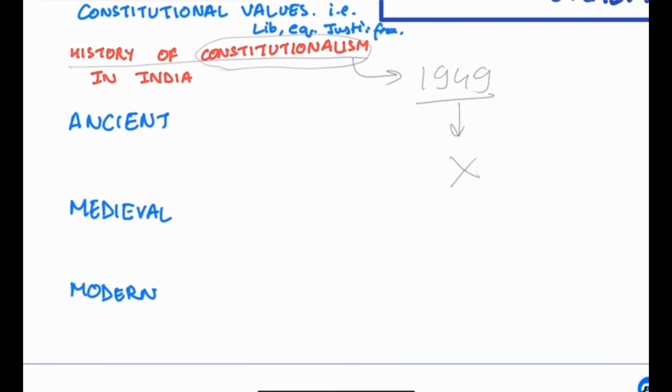For example, in ancient India, dharma was central in Arthashastra, in Manusmriti, and other shastras. Similarly, Dhamma was central in Buddhist political thought, that is Tripitakas.